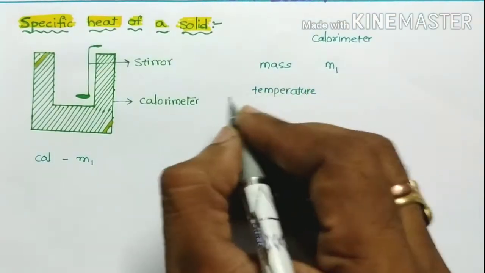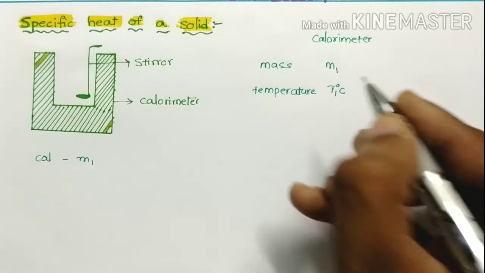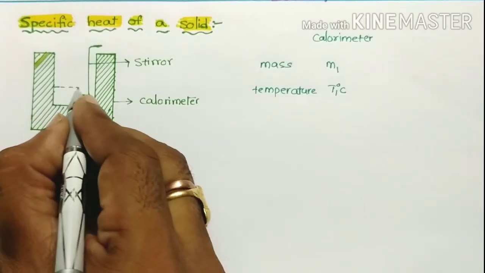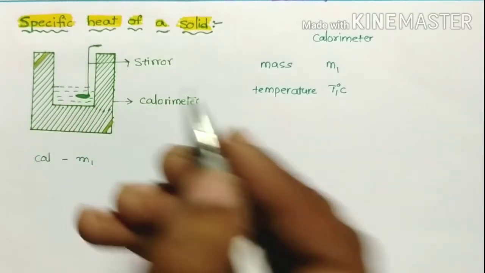As it is at room temperature, the room temperature is T1 degrees centigrade. Fill 1/3 of the calorimeter with water.